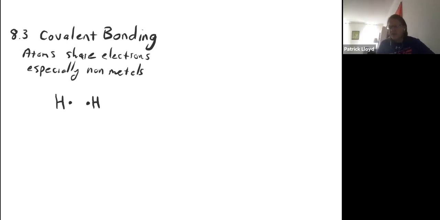So notice they each have 1 electron. Underneath them, I'm going to write out the box diagram, right? This is 1s. Okay, so that hydrogen on the left has 1 electron in the 1s orbital, which is the valence shell, right? But it's also the core, right? So it's both because there's only 1 there.